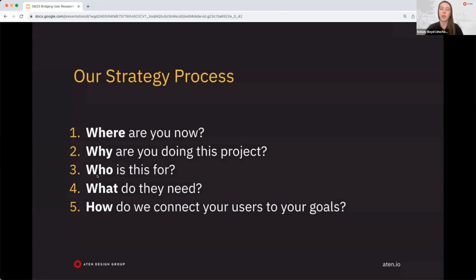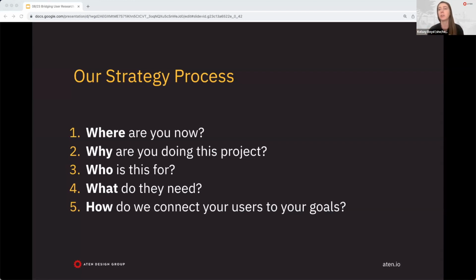So just to frame our strategy process, we really see this through the lens of a few core questions that we're looking to answer through a variety of different processes and tools. We really start by understanding where you are now as an organization, both in terms of your website, the content, where you're growing, where your organization or different programs have outgrown the site, why you're doing this project.